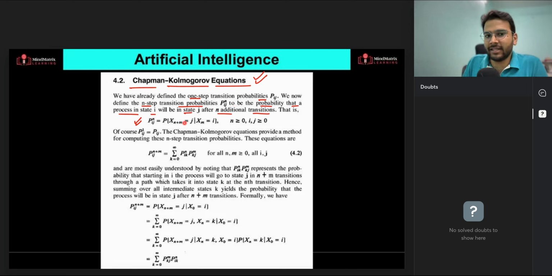What is the probability given the current state, that is X of m equal to i? That means from the current state you have to go to the next state. So this is what we want to find out, and this is the same thing that we have followed. Let me explain it to you.